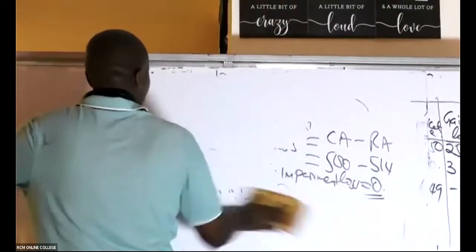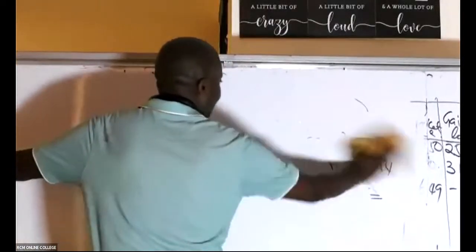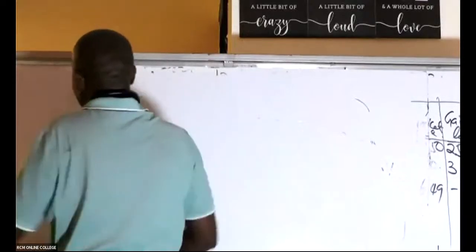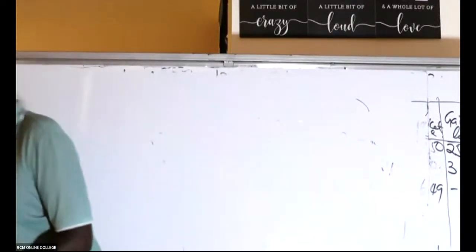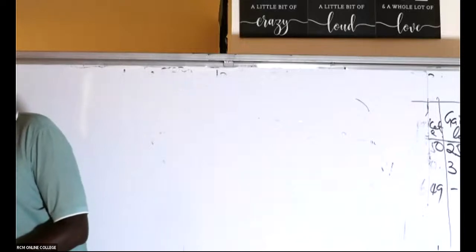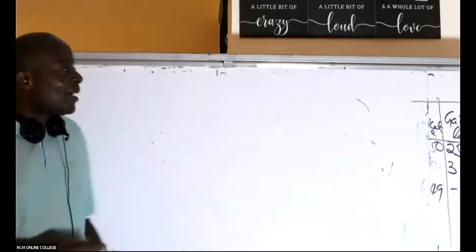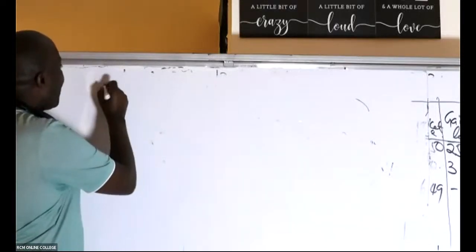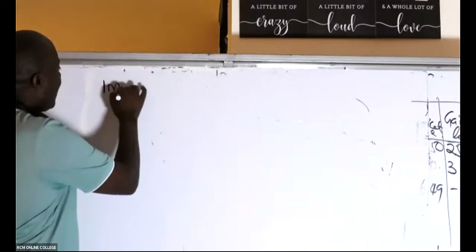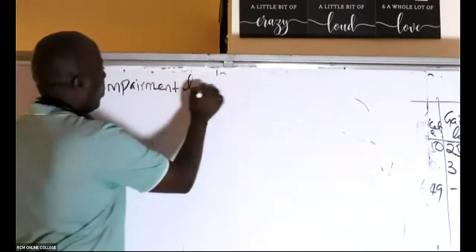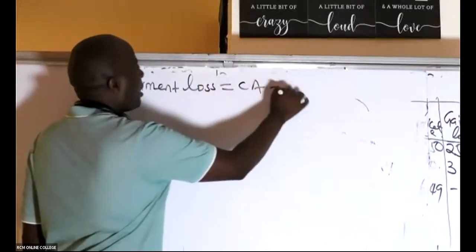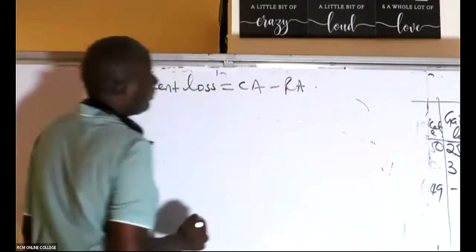Writing off of goodwill and the patents there. All right. So then, ladies and gentlemen, we shall overcome. The first thing that we shall do is to calculate what we call the impairment loss, which is CAR minus RAR.